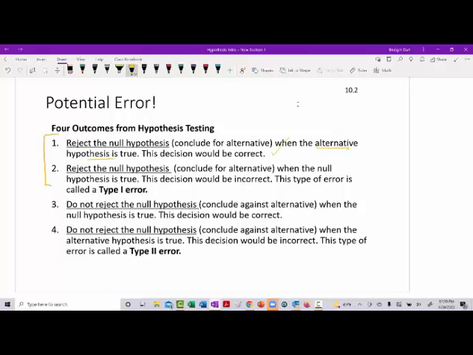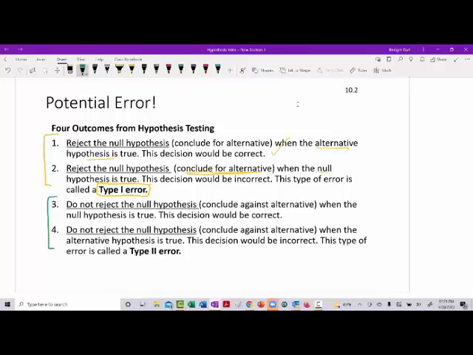But if we reject the null hypothesis, we conclude in favor of the alternative, we say the mean length of a phone call has gone up, but it turns out the null hypothesis is true and the length of a call is really, in reality, the same as it has always been, then we've made the wrong decision, and this is called a type 1 error. A type 1 error is when we reject the null hypothesis, but the reality is that the null hypothesis is true.